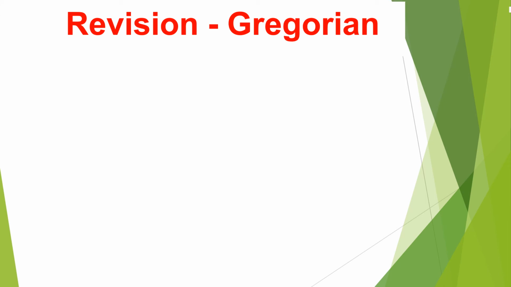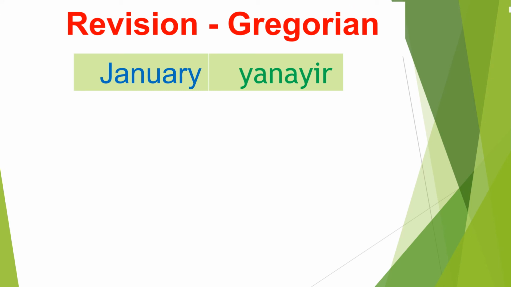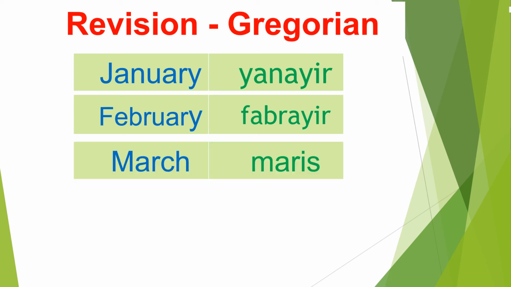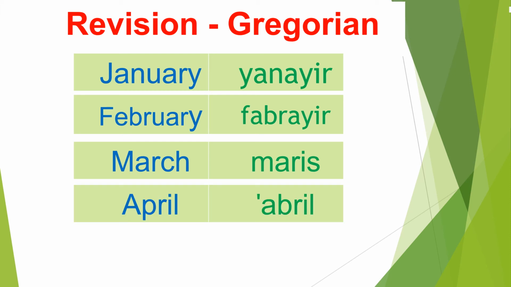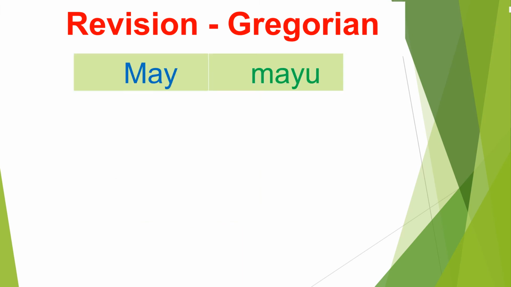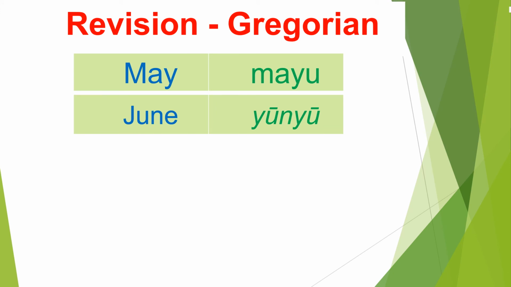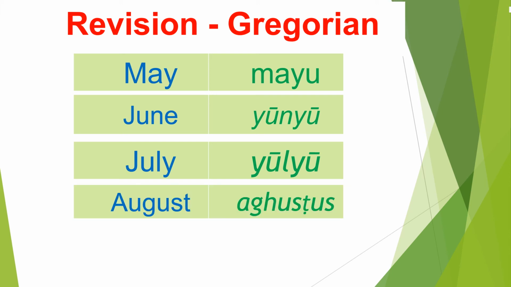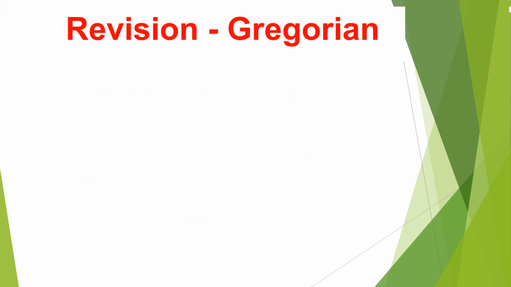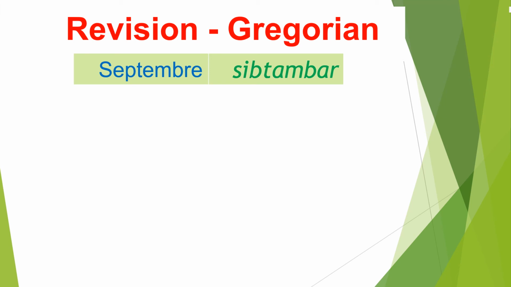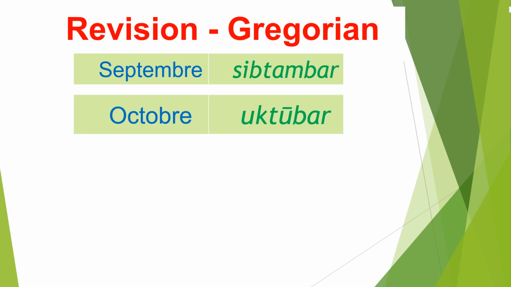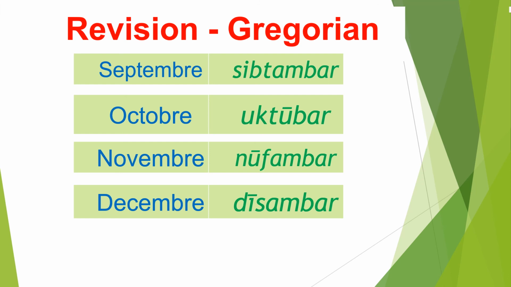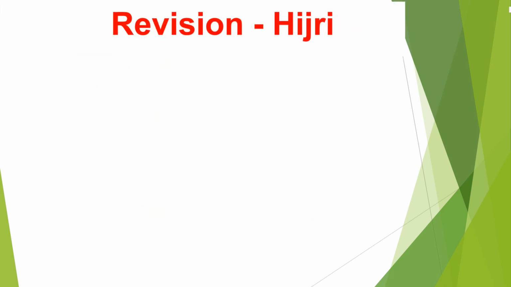So, Gregorian calendar: January, February, March, April, May, June, July, August, September, October, November, December. Let us now revise the Hijri calendar.